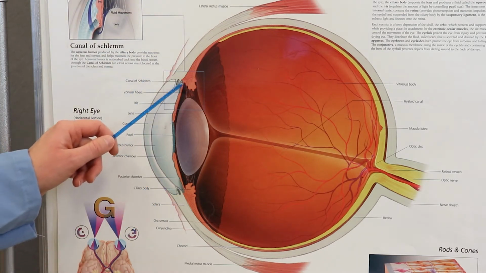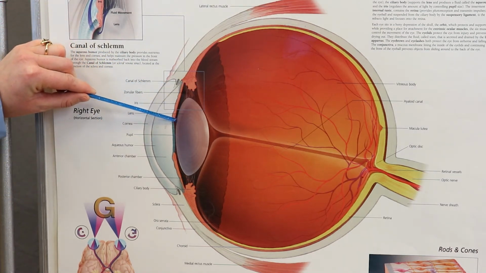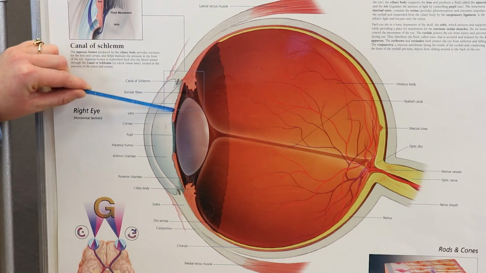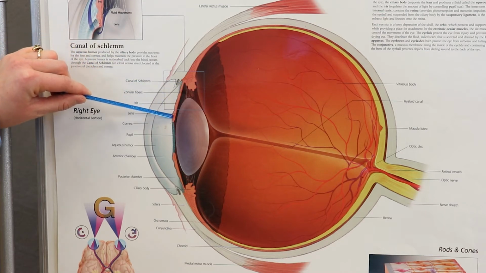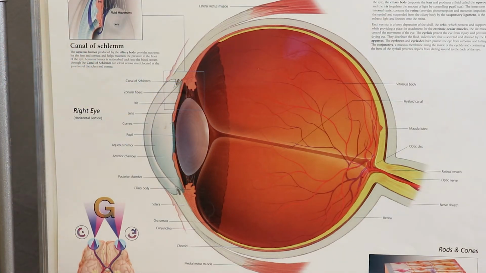All right, so I've talked a lot about the iris already, so let me formally introduce that. The iris is the colored part of your eye. And in addition to having pigment that helps to absorb extra light waves, the iris also has two muscles in it.